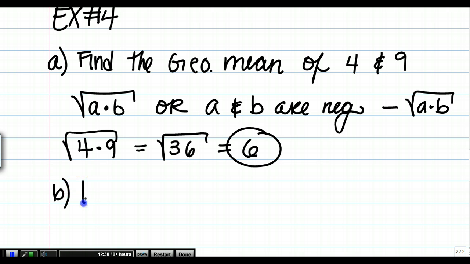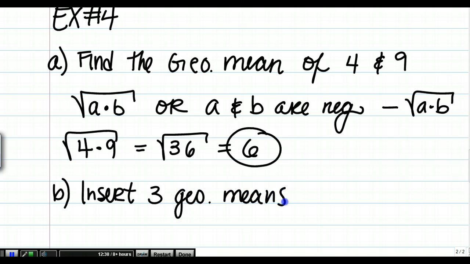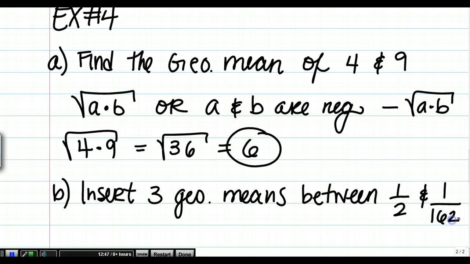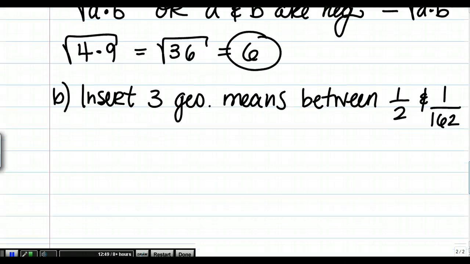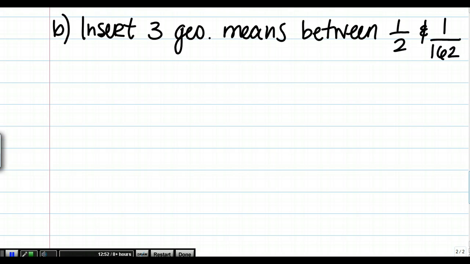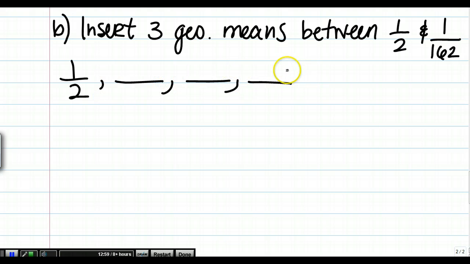What if I asked you to insert 3 geometric means between 1 half and 1 over 162? So that means you're starting with 1 half and you are trying to find what 3 numbers or 3 means can fit between 1 half and your last number, 1 over 162.